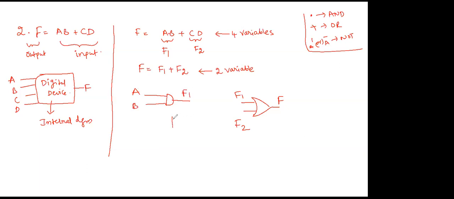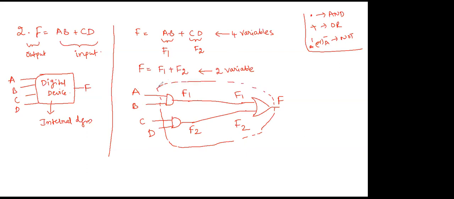Next F2: C, D. Now conjoin F1 with F1, F2 with F2. This is the internal diagram of the digital device for the given Boolean expression.